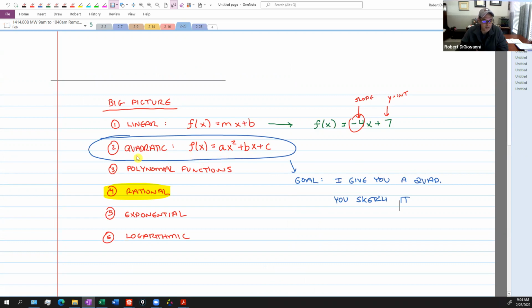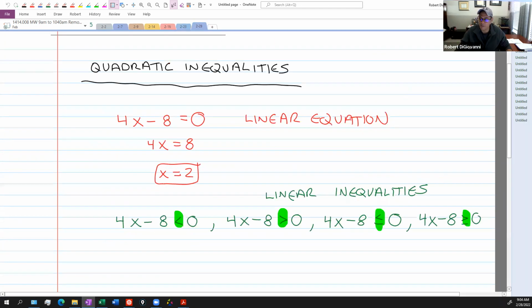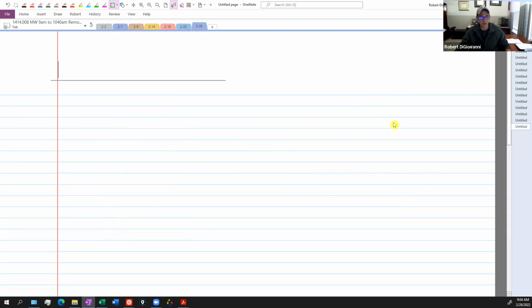So this goes back to when we were first talking about quadratic functions. I gave you this format for a quadratic, ax squared plus bx plus c. That's what we call the standard form. So when it comes to quadratics, they actually come in 2 forms. The first is standard form, which is the one I just mentioned, f of x equals ax squared plus bx plus c.